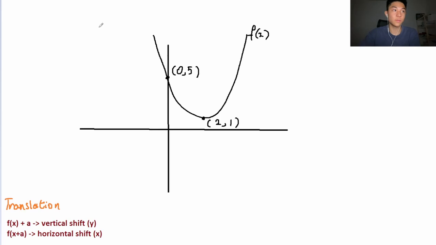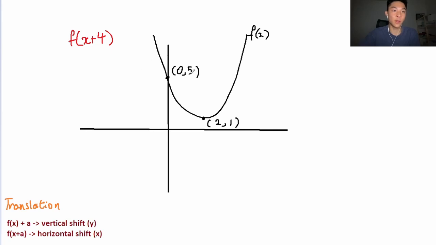So now let's look at horizontal translation. Let's say I have f of x plus 4. When we did a vertical shift, when we plus, we went up. But for horizontal, it's a bit tricky. Instead of going 4 units to the right, we actually go 4 units to the left when it's plus 4.